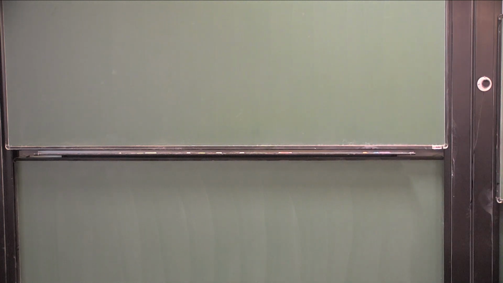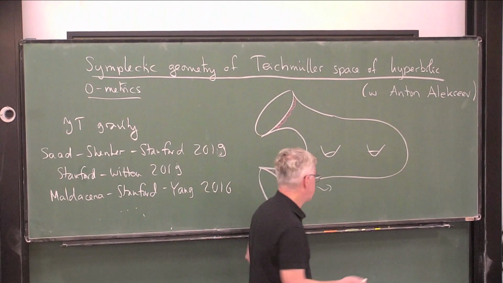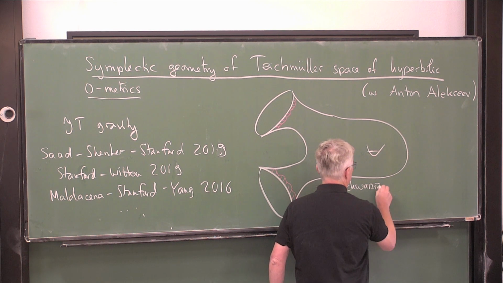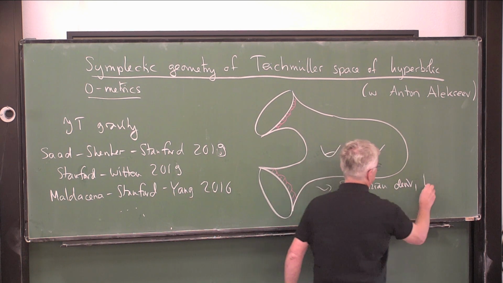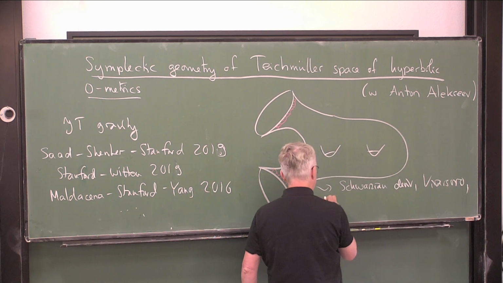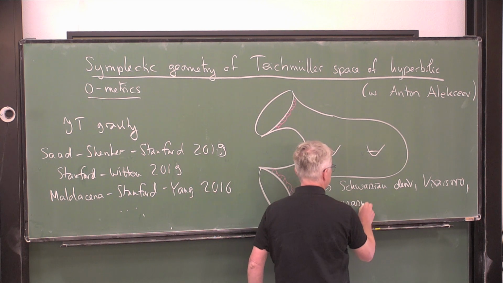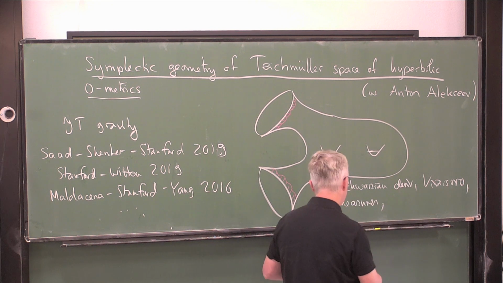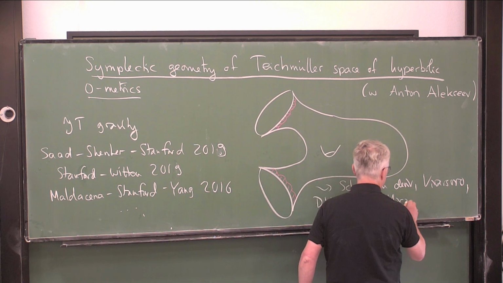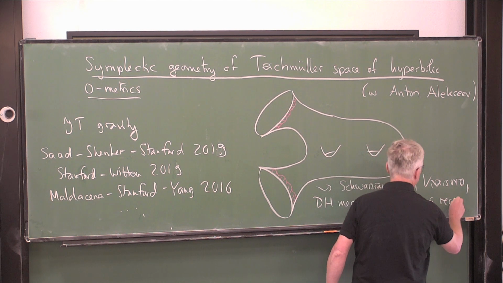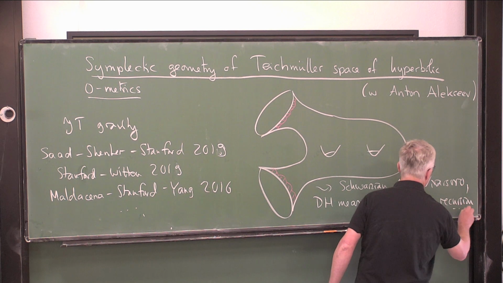Some of the words that appear in their papers are Schwarzian derivatives, Virasoro algebra, some Duistermaat-Heckman measures, and what else? Mirzakhani volume formulas, and recursion relations, and all that.